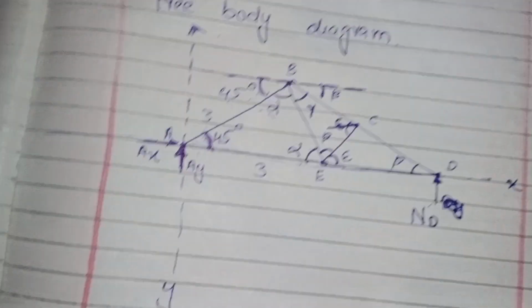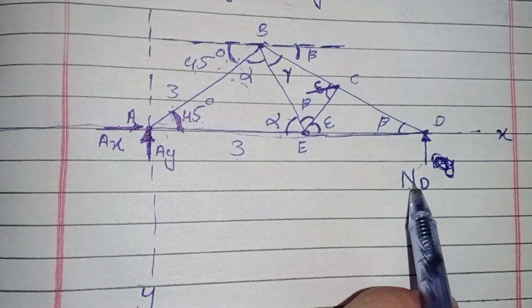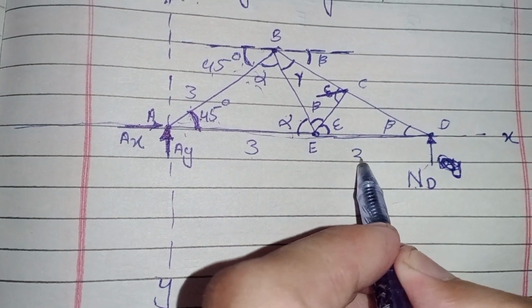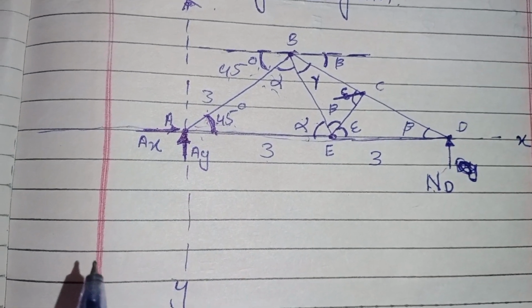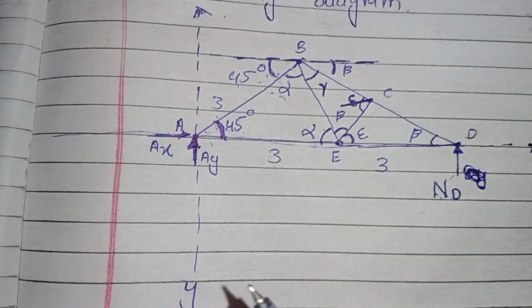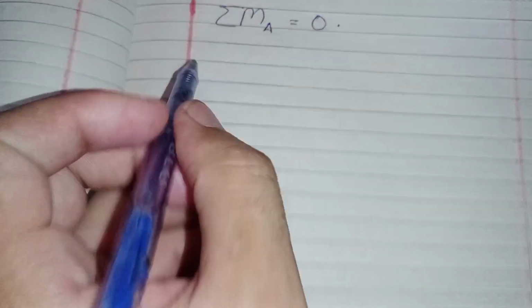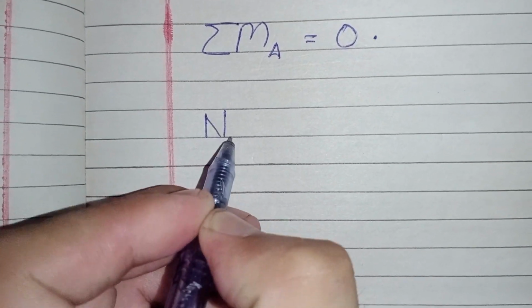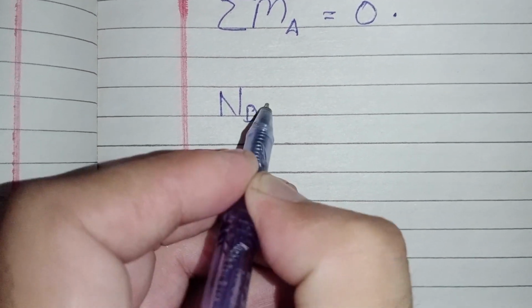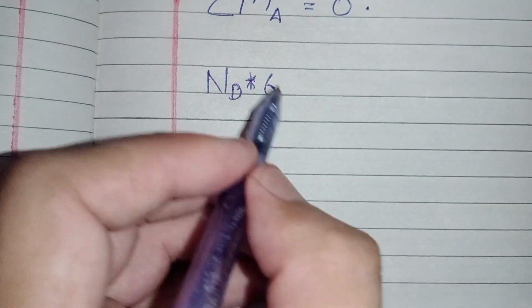Okay, so now this is one force which is at a distance of 6 meters. So ND into 6 meters. Moment is equal to force into distance. So this is the force, this is the distance. So ND is force multiplied by 6 meters, which is distance.